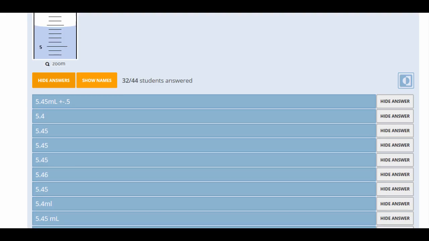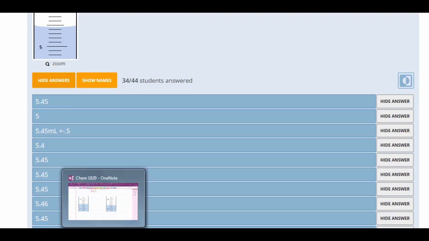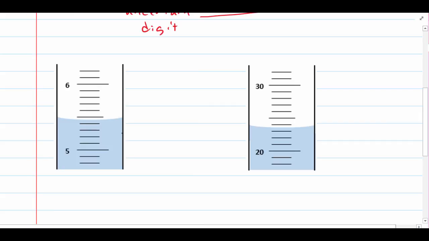And if we want one uncertain digit, that means we should be carrying this measurement out to which place? Out to the hundredths place. Because we know for sure that it's somewhere between 5.4 and 5.5. So we might write this as 5.46, 5.45. I see it as 5.46 milliliters.